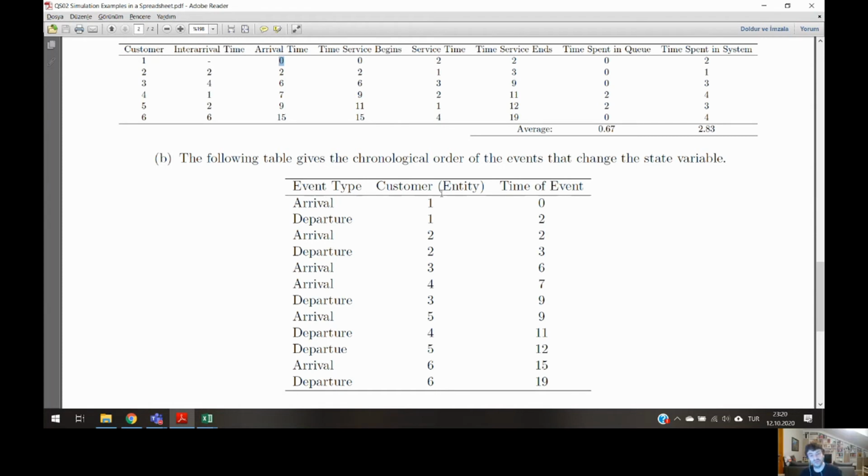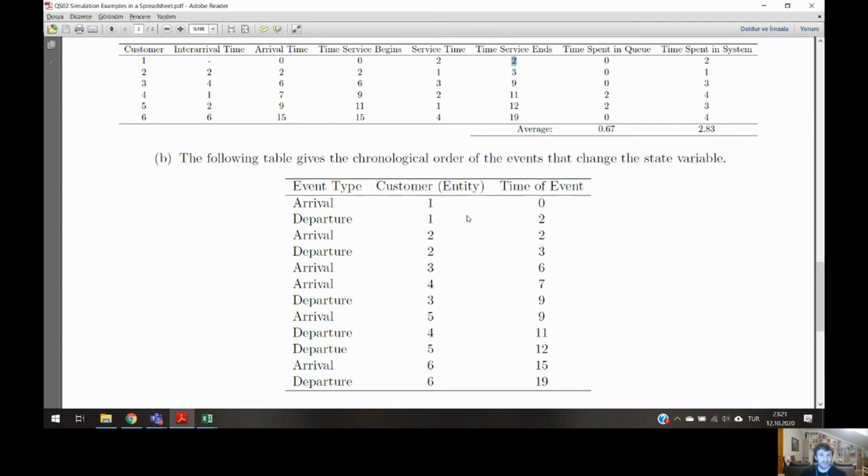And the arrival of the first customer, or the first entity, is at time 0. And the second event occurs in the form of a departure. The first customer departs at time 2. And at time 2, there is also another event occurring, the arrival of the second customer.